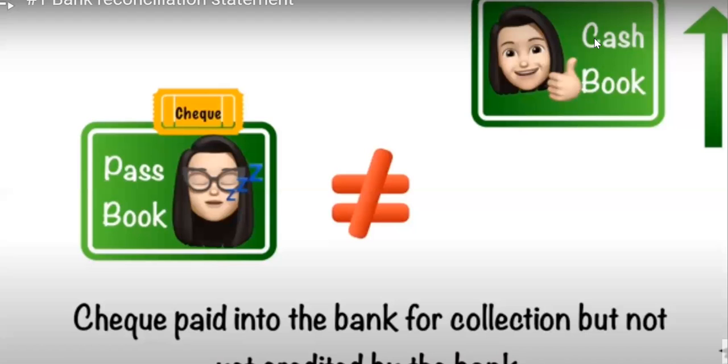At the same time, in the bank passbook, only after that check is posted will the passbook balance update. Until then, the passbook balance remains the same. See once again, the check paid into bank for collection: in this transaction, we entered it in our cash book, but it is not yet credited by the bank. The bank has not received our check yet. So we have to clear this kind of difference.